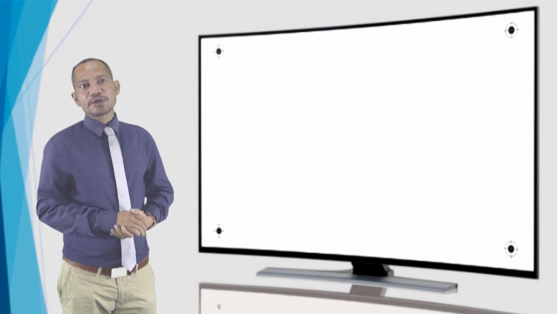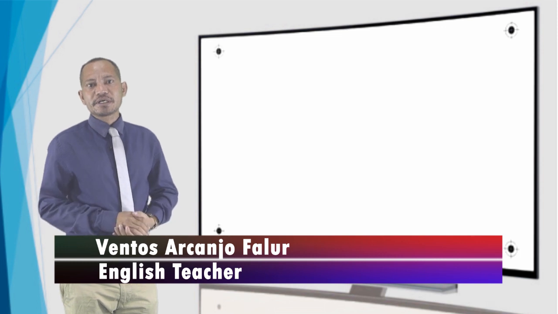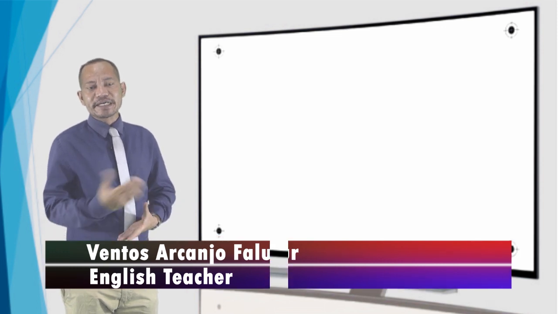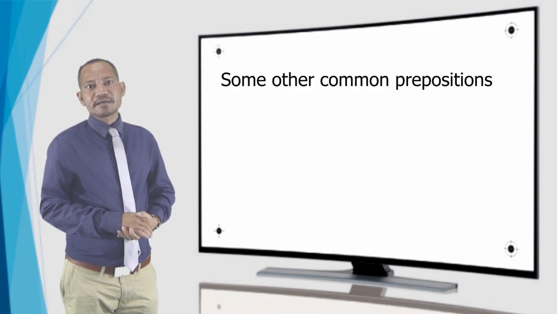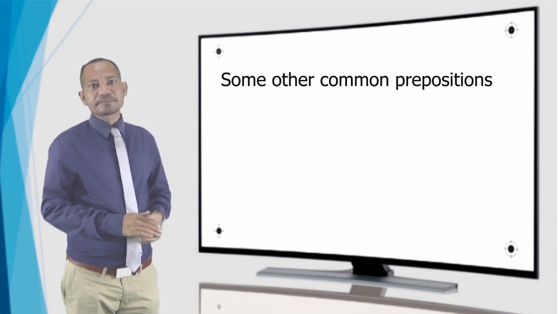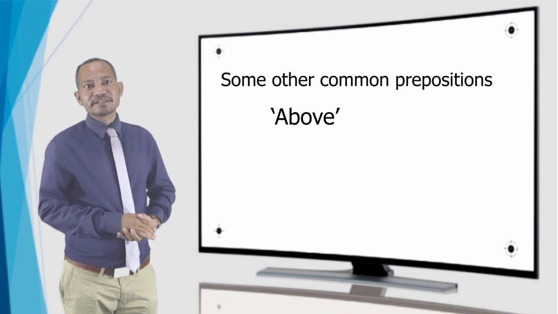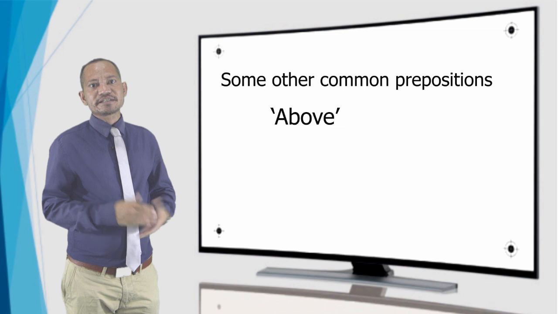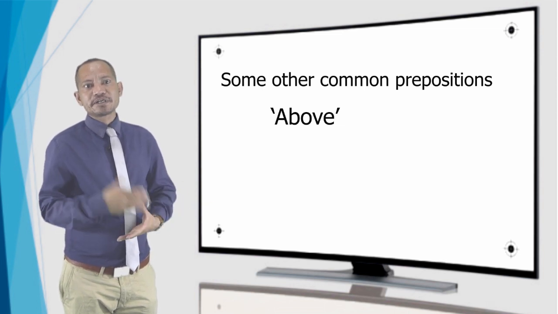Let's also take a look at some other prepositions that are also used to indicate a place and location in English. Alright, let's look at some of them one by one. Above, a preposition of place and location used to describe a position that is at a higher level from a particular surface.